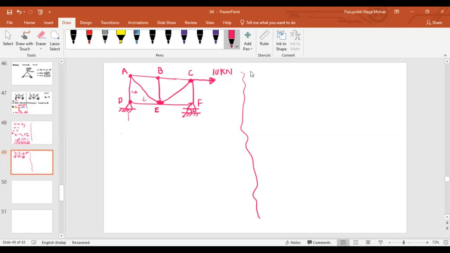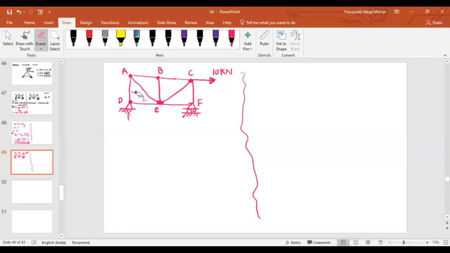You will develop reaction from the support too. That means how many reactions will develop at D? 2: vertical will develop, horizontal will develop. So if I draw the free body diagram at point D, total how many unknown forces will exist? 4: force in the member AD, force in the member DE, and 2 support reactions.